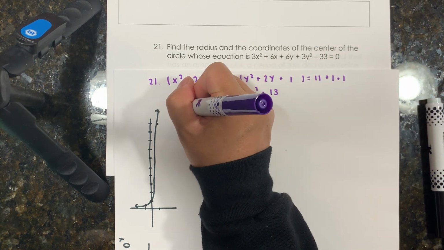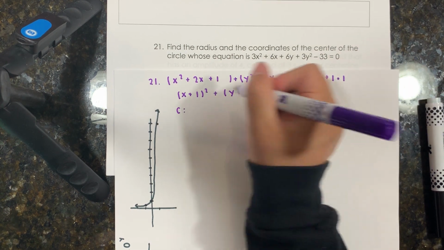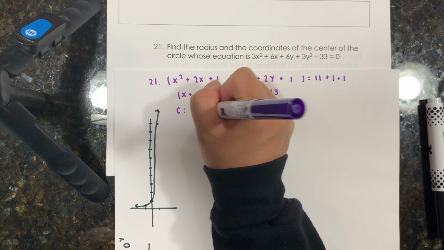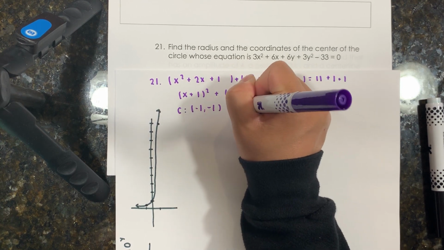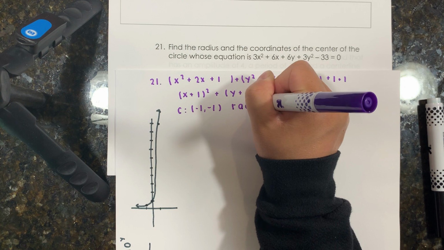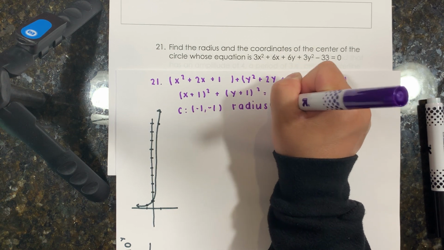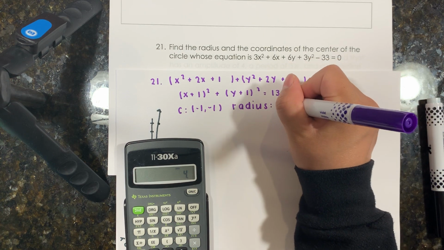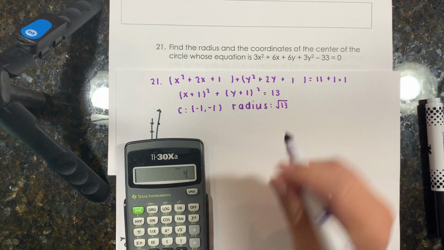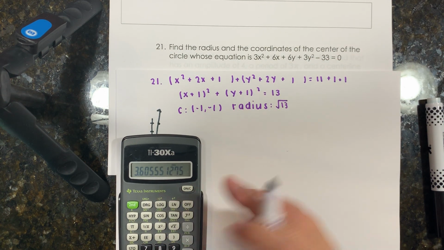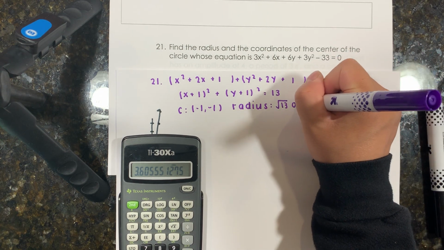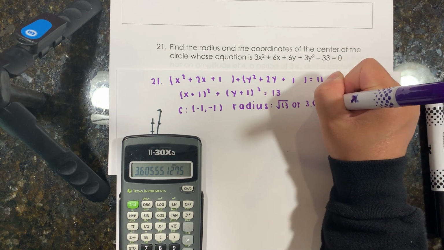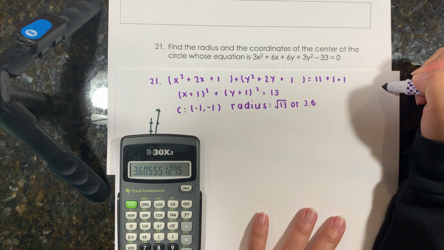Now the coordinate of the center of the circle is the opposite of what's given, so that would be negative 1, negative 1. And my radius is equal to the square root of 13, which would be hard for me to diagram, so I'm just going to plug that into my calculator. It's going to be about 3.6. So I'm going to graph this.